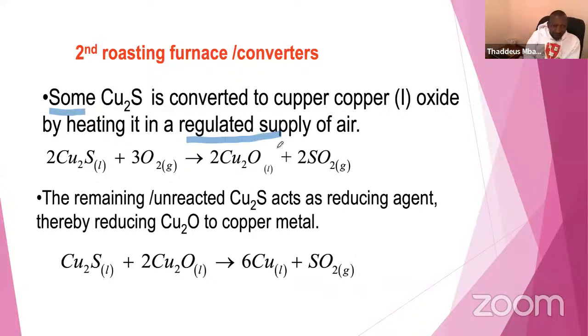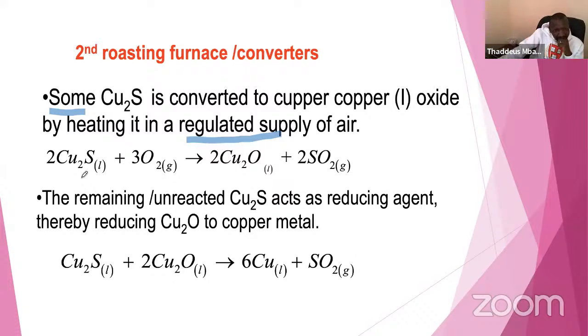It is regulated, so not all copper 1 sulfide will burn. That's why I told you in the converter there are two equations. So in the first equation, some of the copper 1 sulfide will react with oxygen to form copper 1 oxide plus sulfur oxide.